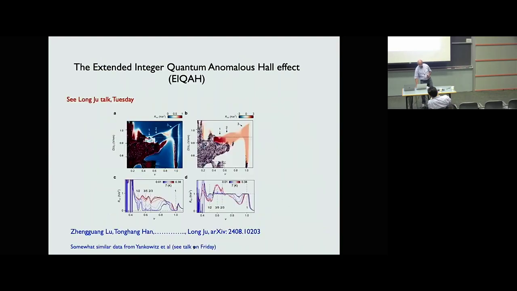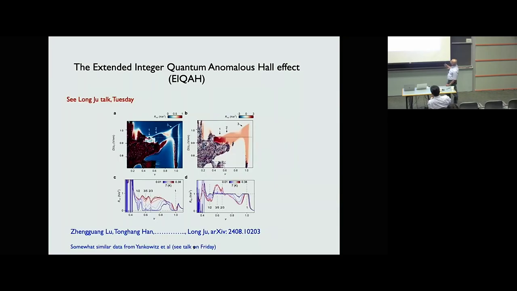So let me show a little bit more data, and I'll talk about the experiment a bit more. Long talked about it on Tuesday, and there is somewhat similar data from Matt Jankovich, who's somewhere in the room, there he is, that he'll talk about on Friday. What I showed earlier was the Rxx plot.